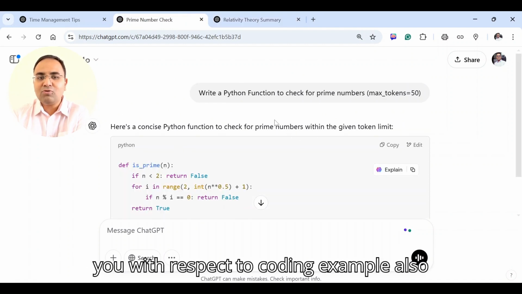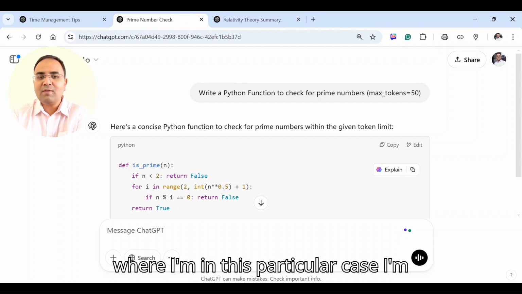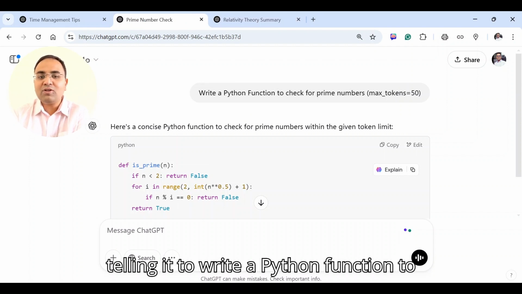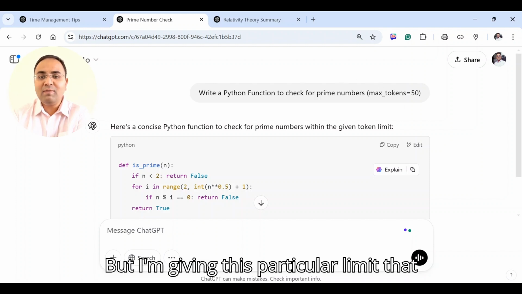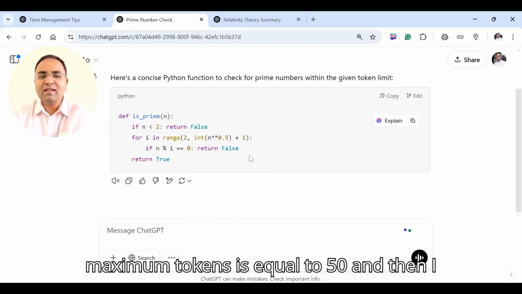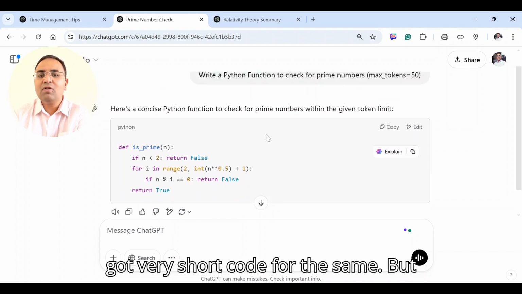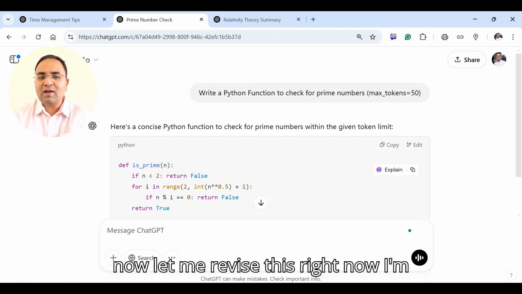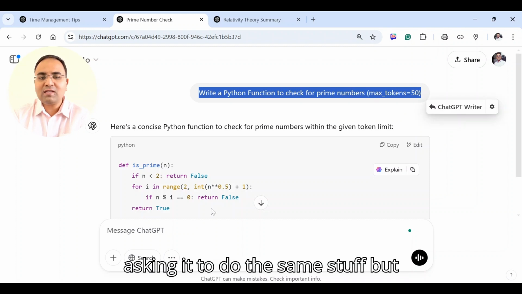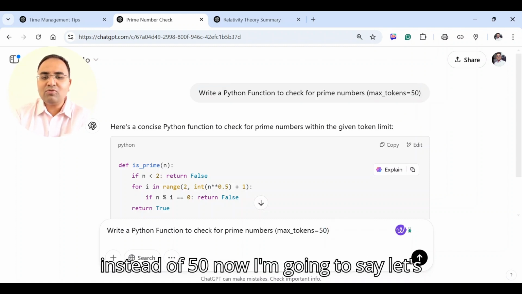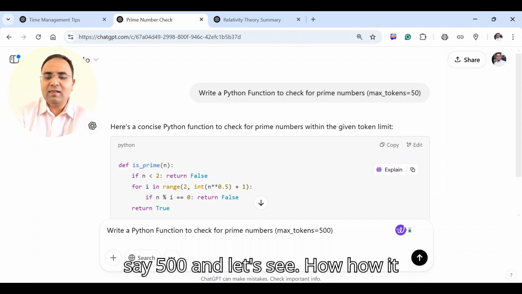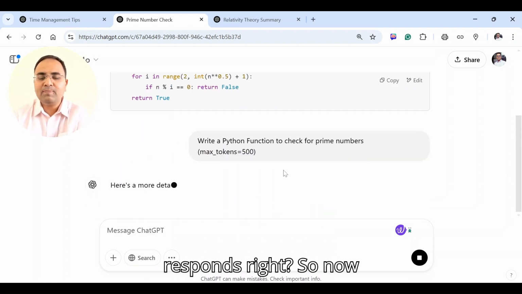Let me demonstrate this with a coding example also. In this case I'm telling it to write a Python function to check whether a number is prime or not, but I'm giving this limit that maximum tokens is equal to 50, and I got very short code for the same. But now let me revise this. Now I'm asking it to do the same, but instead of 50, I'm going to say 500, and let's see how it responds.